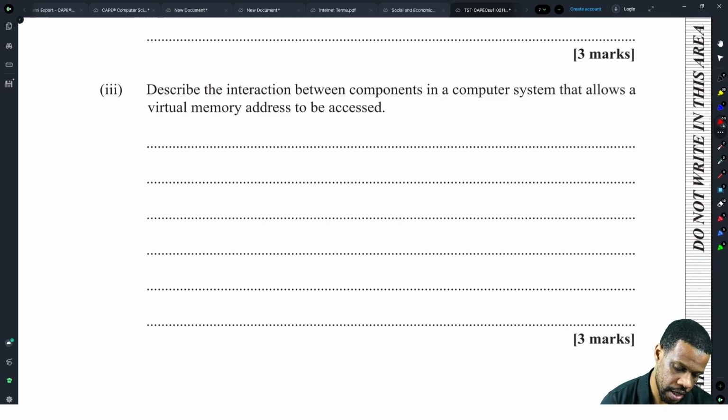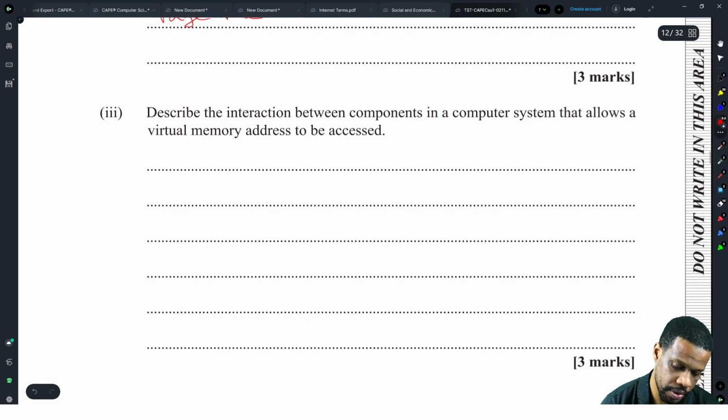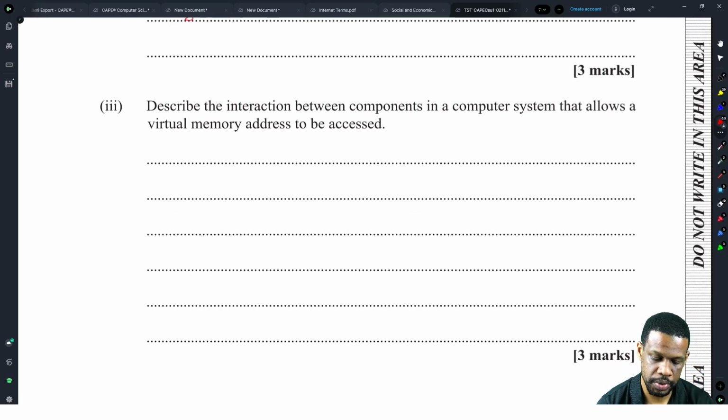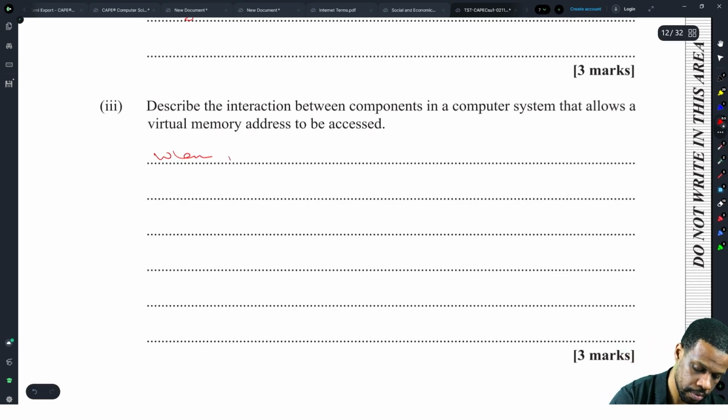Describe the interaction between components of a computer system that allows virtual memory to be accessed. Alright, you want to say when memory needs to be accessed. How many marks is this? 3 marks? Alright.